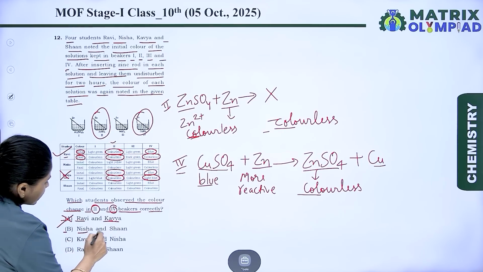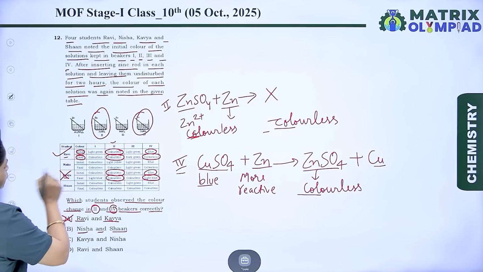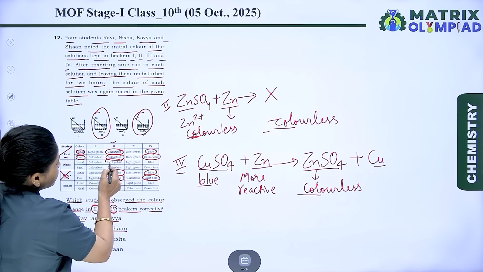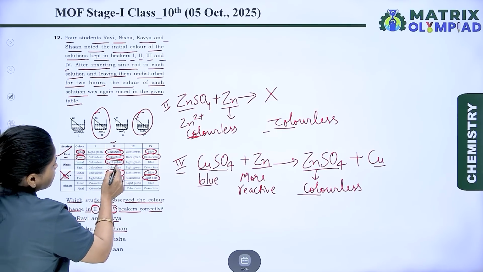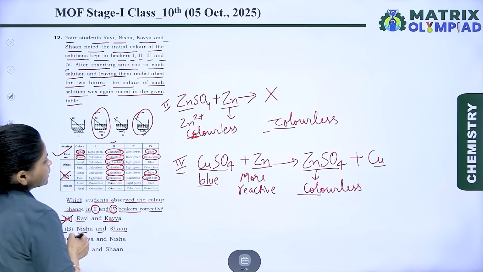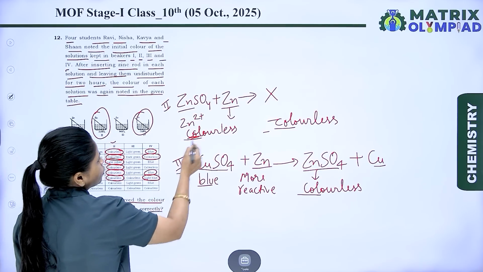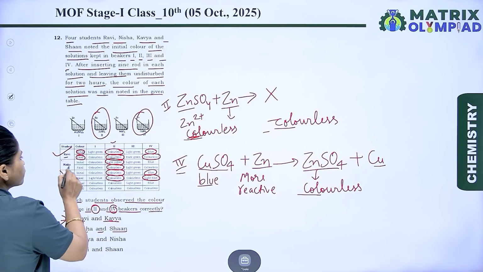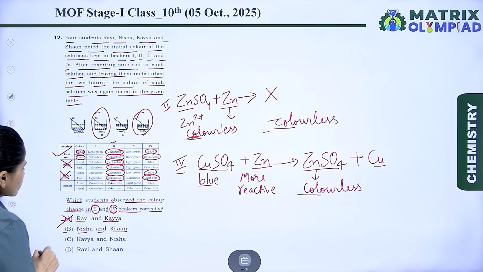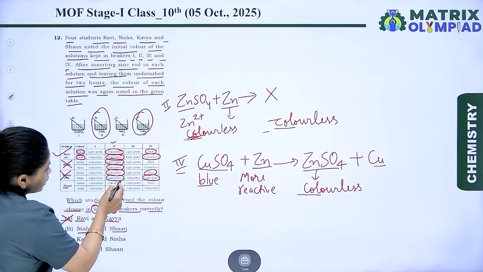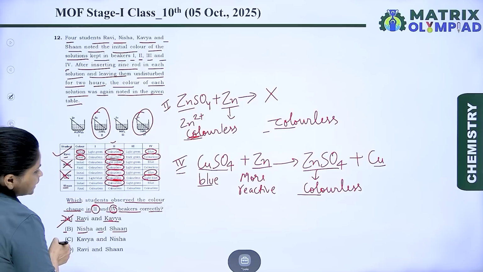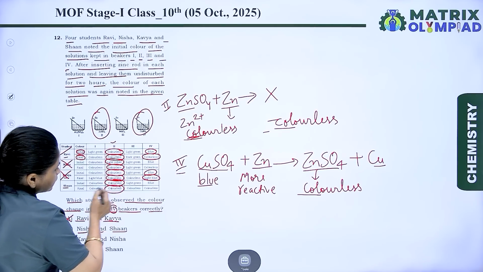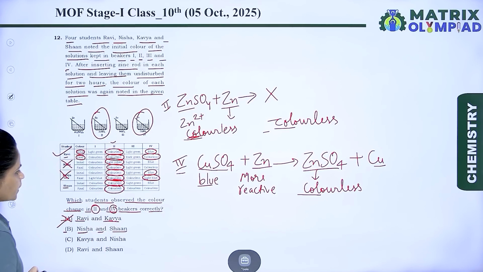B, Nisha and Shan. Let's take Nisha. Nisha finds light blue initially and colorless finally in beaker 2. That is not true, so Nisha finds incorrectly. Now Shan finds colorless initially and finally again colorless for beaker 2.